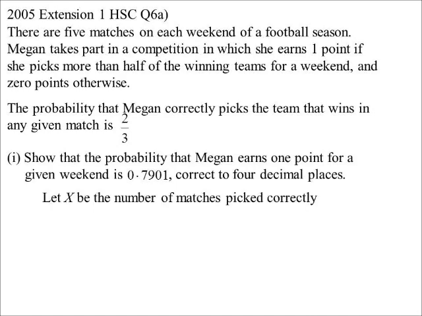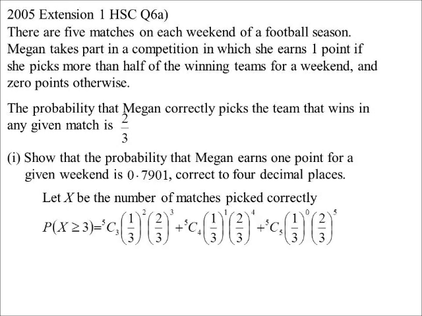Okay, so X is going to be the number of matches that she picks correctly. Probability that X is greater than or equal to 3. And she has to pick more than half of the winning teams. So 5C3, 2/3 probability of her picking correctly.